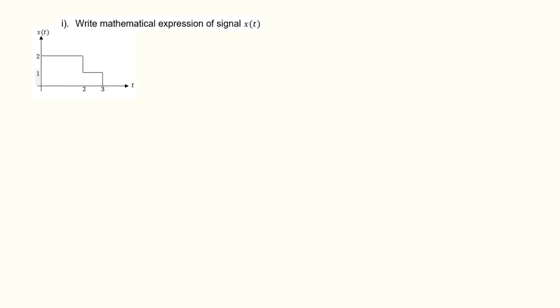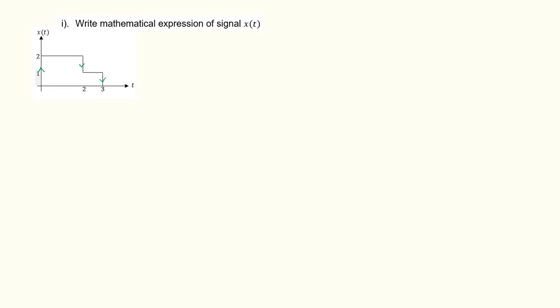Okay, let's look at the first question. To write the mathematical expression of signal xt. As usual, you need to write the equation for the signal considering each t position. For a straight line, you can put arrows showing the direction of the signal from left to right.